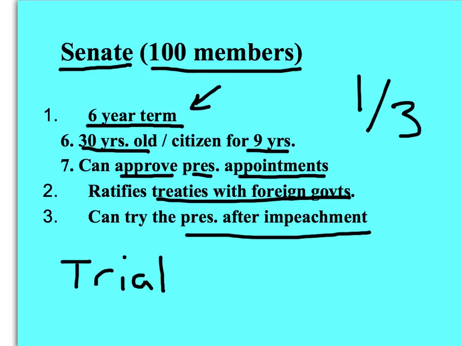And by the way, 2 presidents have been impeached, Andrew Johnson and Bill Clinton. But guess what? They were never removed from office because in the trial, in the Senate, they were found not guilty. All right? So if they're found not guilty, president remains in office and business goes on as usual. All right? So that's the Senate.